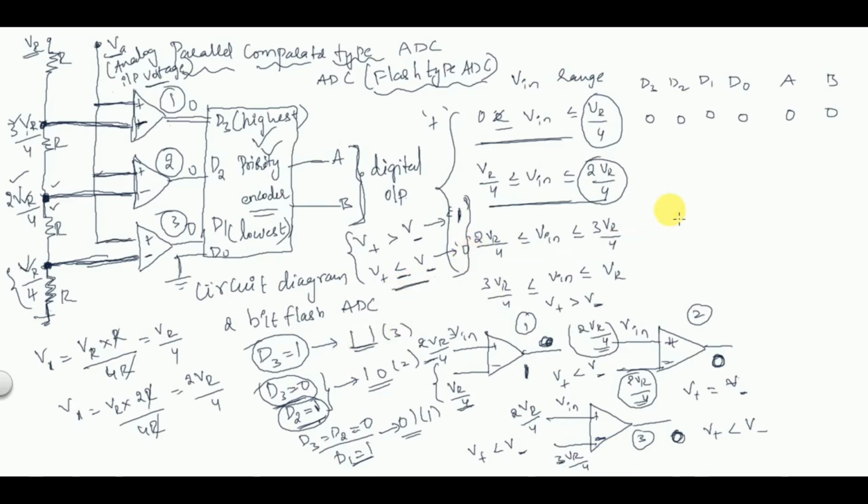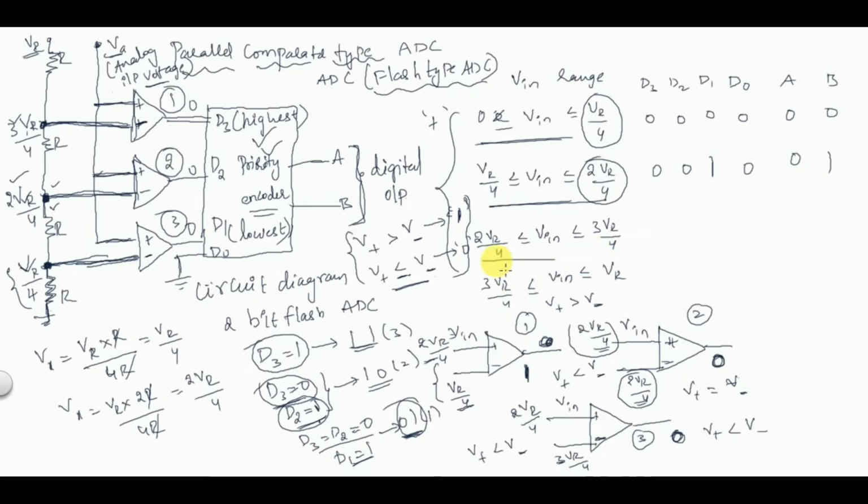So only the output of the first comparator is going to be 1. The output of the first comparator is given to D1, so D1 is going to be 1. D0 is anyhow 0 and the remaining values are 0. So when D1 is equal to 1, what will be the output here? The output will be 0, 1.